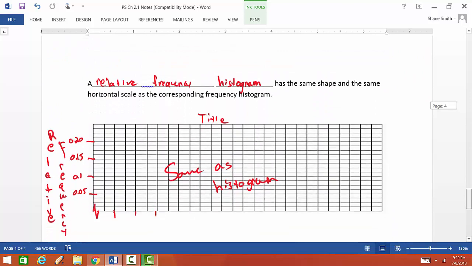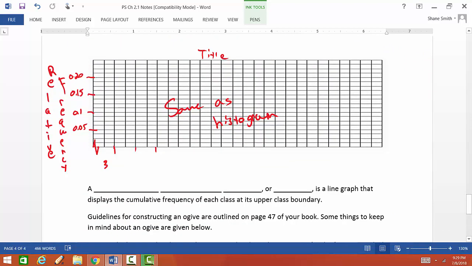So 304.5, 332.5, 360. Okay, so my first relative frequency goes up to 0.17. It's going to be a little shy of that guy.